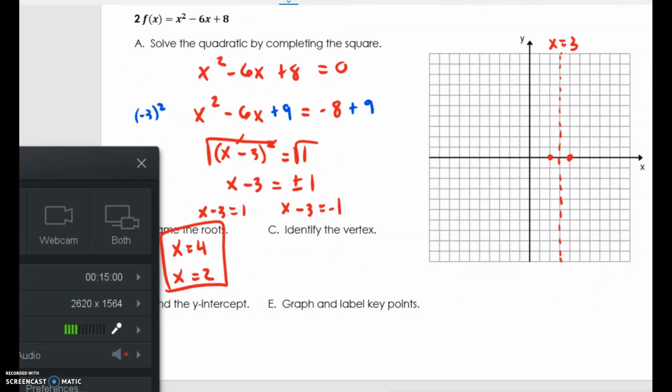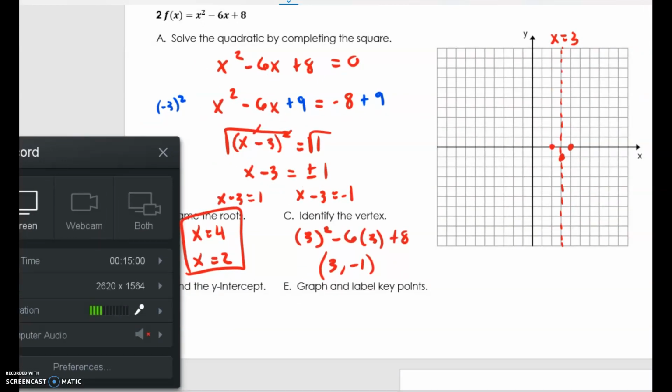So if I plug a 3 in, I have 3 squared minus 6 times 3 plus 8. That's what I'm evaluating. And I got negative 1. So my vertex is 3, negative 1. Plot that point.